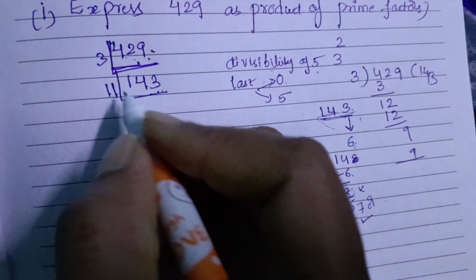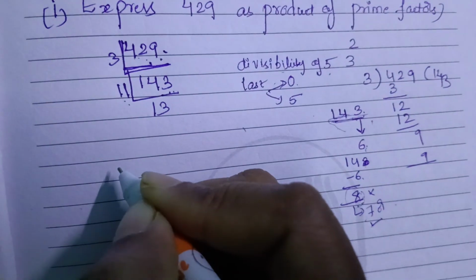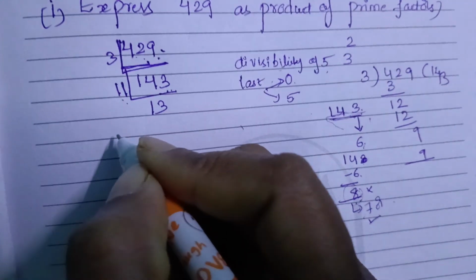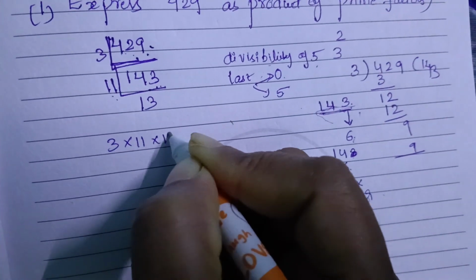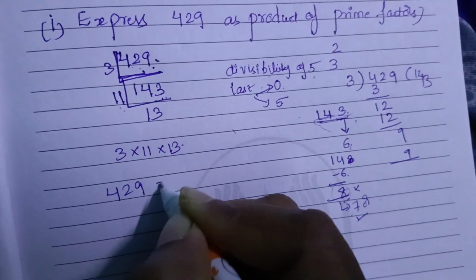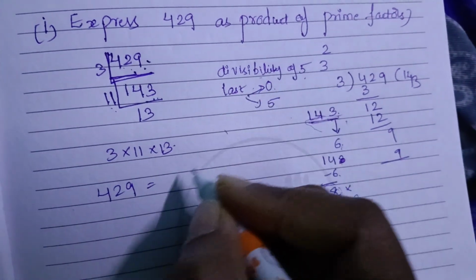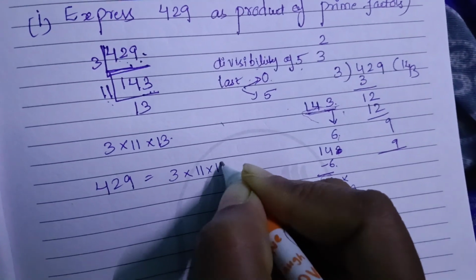So our next prime number is 11, right? 11 how many times? 13 times. Am I true? So 3 into 11 into 13. Expressing 429 as a product of prime factors: 3 into 11 into 13.